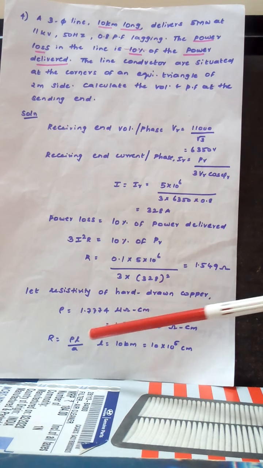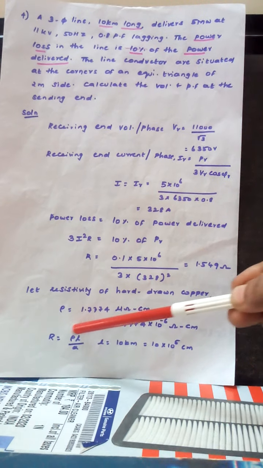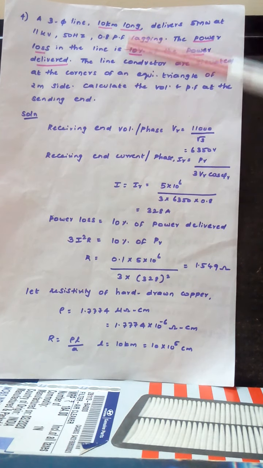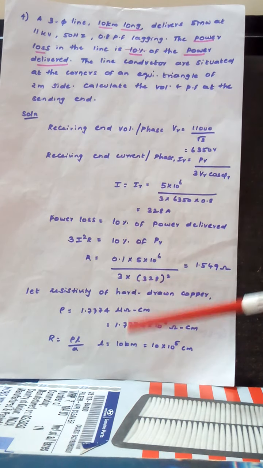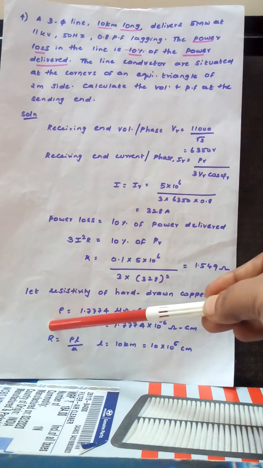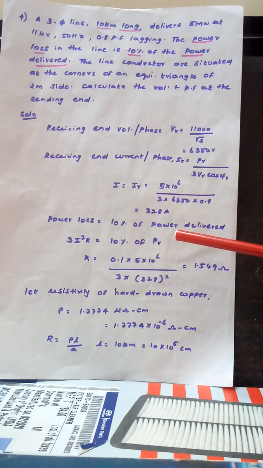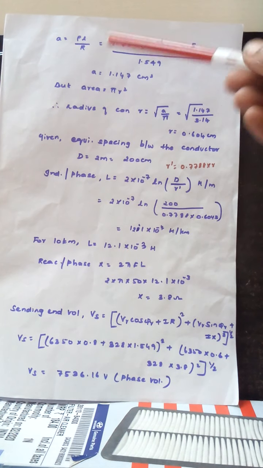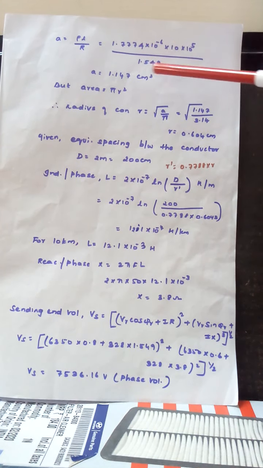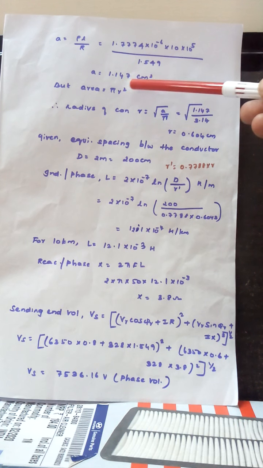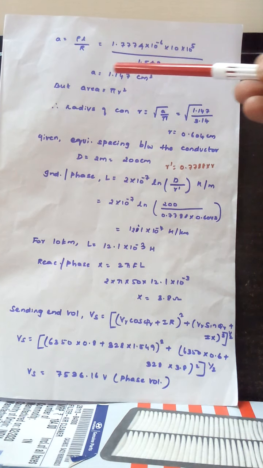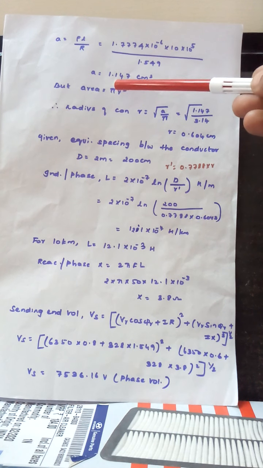We can substitute the rho value, and the L value is given as 10 kilometer long, so we know L, and we also got the R value. From this we can find the value of A. Substituting all the values, we get A as 1.147 centimeter square.